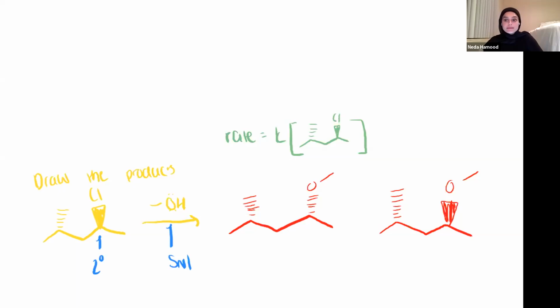If you're making ibuprofen, you're not going to want a racemic mixture, because only one of the enantiomers is actually active. So you don't want to just be giving people sugar pills.